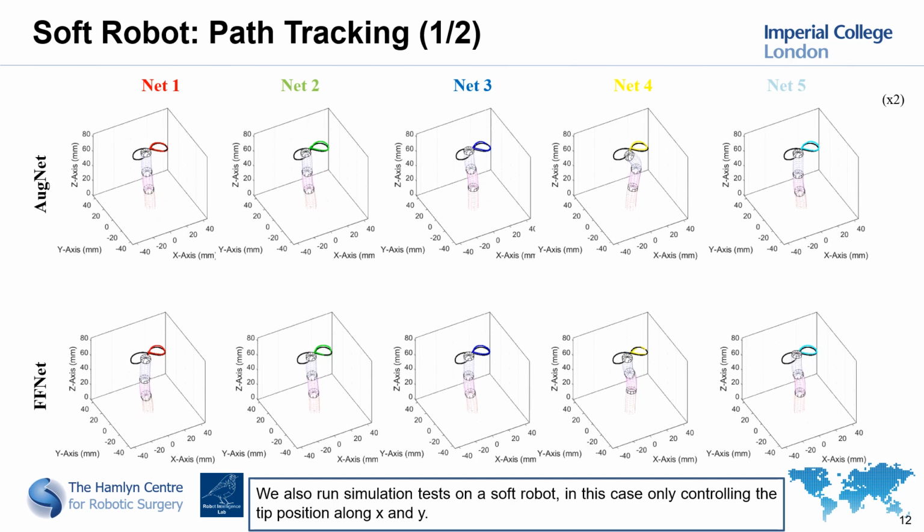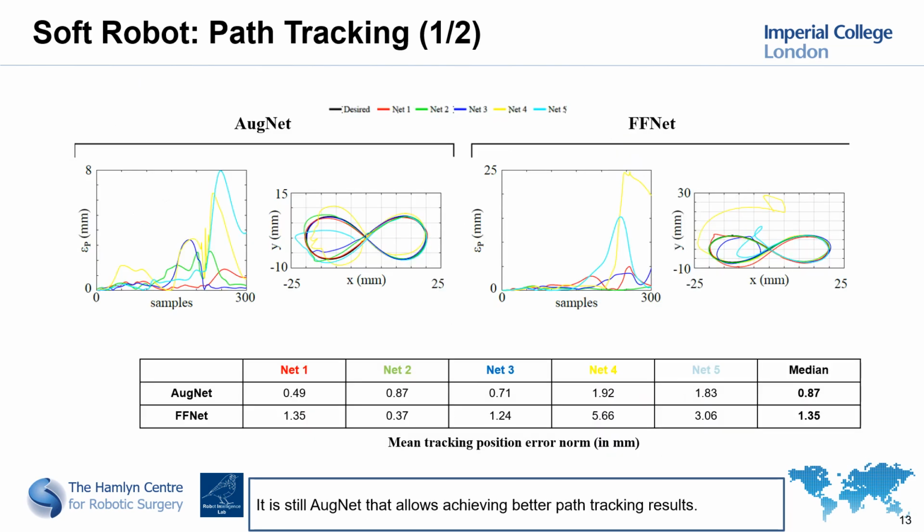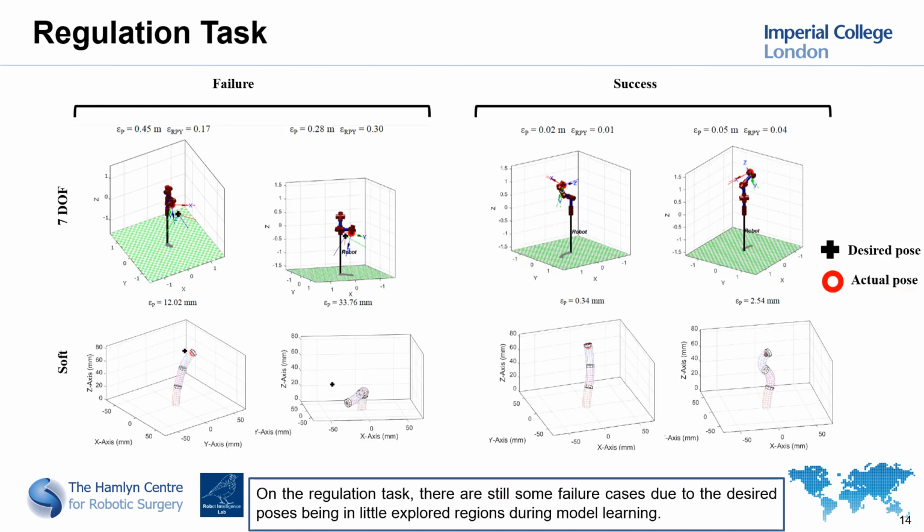You can see that the standard feed-forward network just diverges and leads to a very unstable behavior of the robot. These are the overall results on the soft robot, and again, we achieve better performance by including this differential relationship during training.